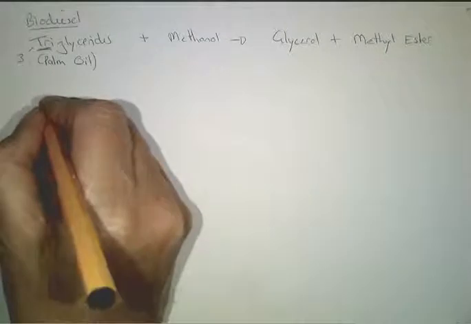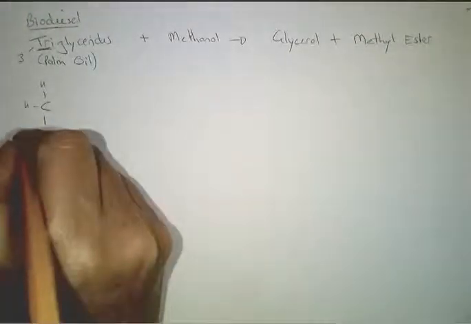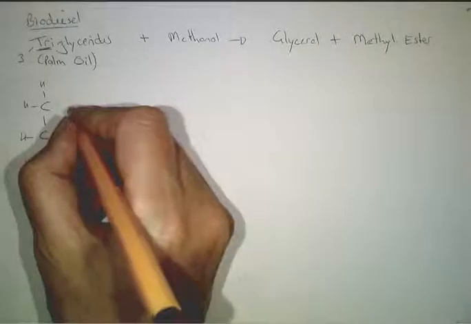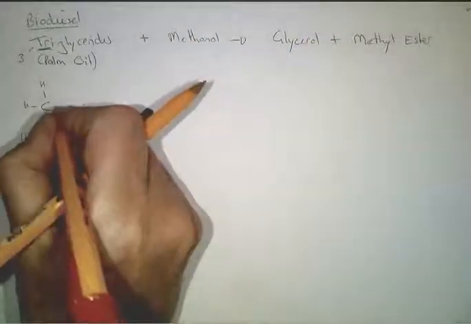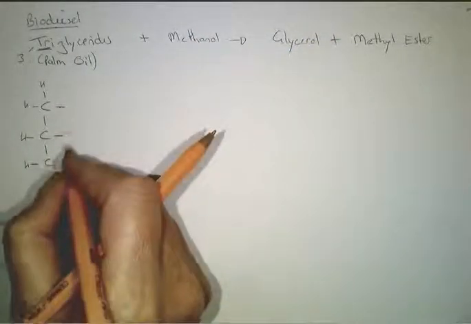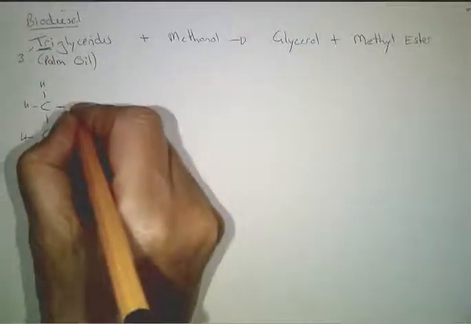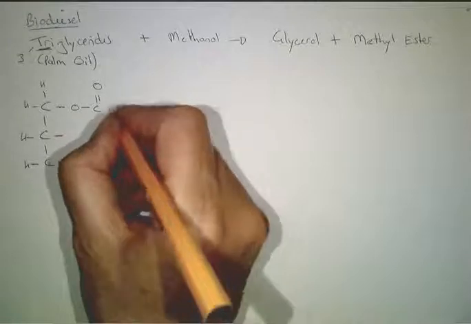It's a molecule that has a 3 carbon backbone, and an ester bond holding the long chain of carbons, which, if you took this totally off and put a hydrogen on the end, would be fatty acids. Carboxylic acids, but very long. If they're long, we call them fatty acids rather than just carboxylic acids. This bond here is where we're going to break our fatty acid chain off from the glycerol backbone.